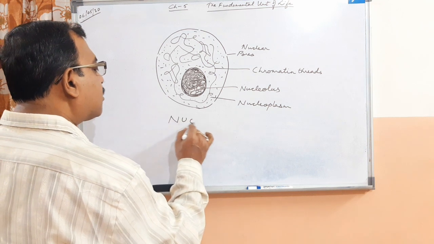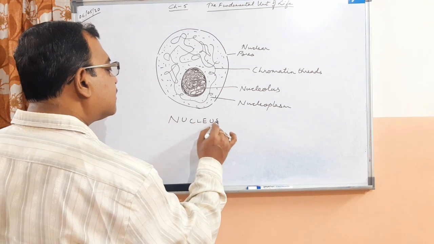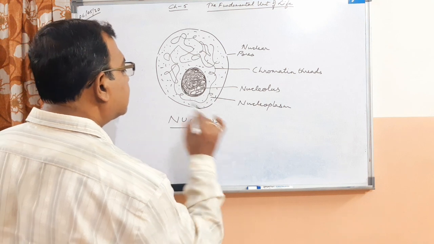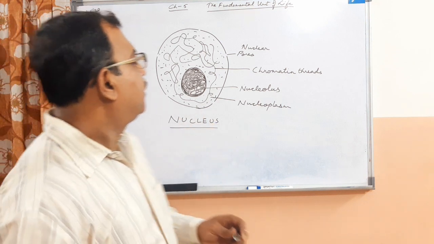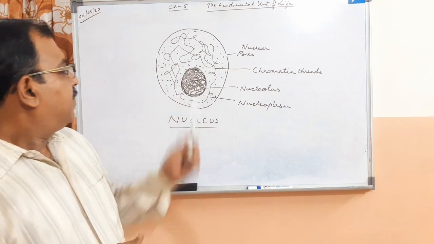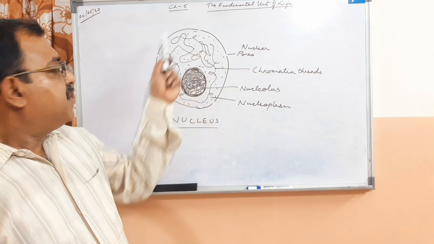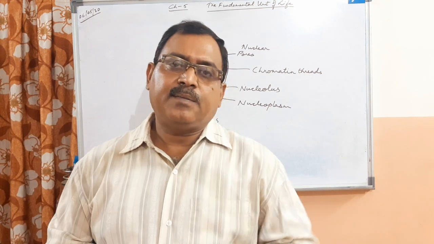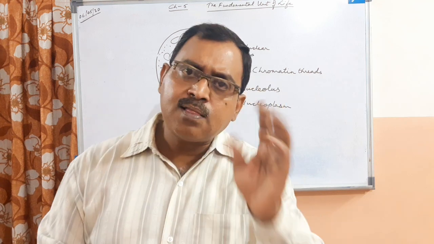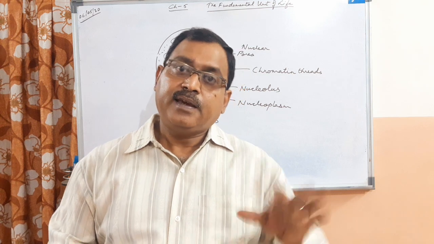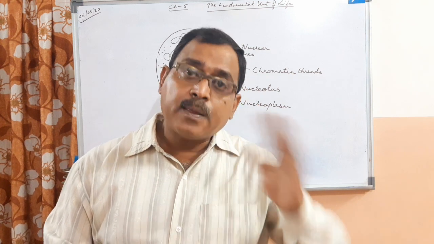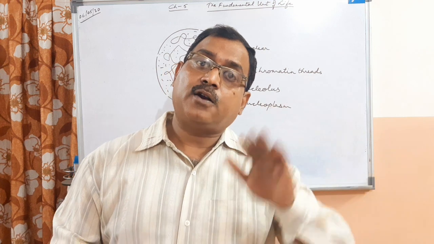So this is the structure of nucleus. Now, nucleus, you can say, is the brain of the cell. It controls all the activities of the cell, right? It even controls whether the cell will have to divide or not.